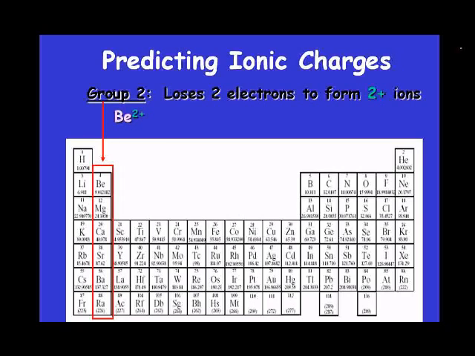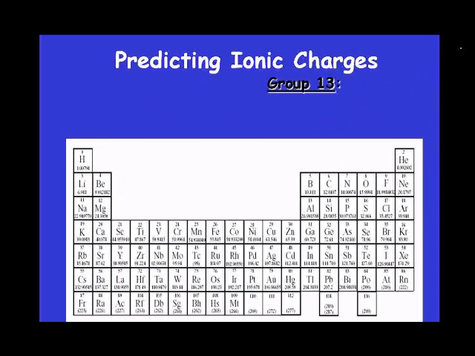So we would see beryllium 2+, magnesium 2+, calcium, strontium, and barium all having those positive 2 ions. Group 3, or group 13, group 3A, are going to lose 3 electrons for the most part, resulting in positive 3 ions.